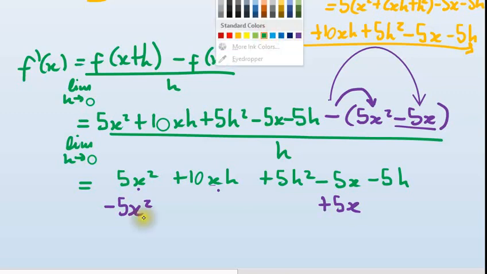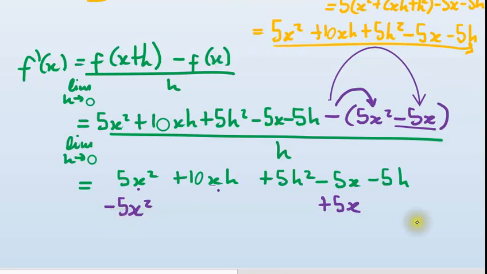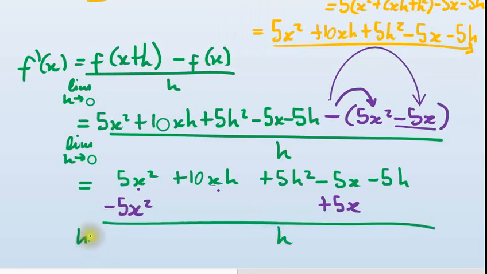All of this is divided by my h, and I know that my h is approaching 0. That's my limit.